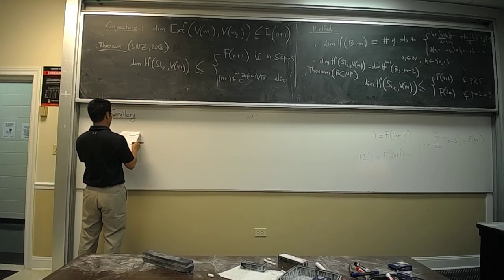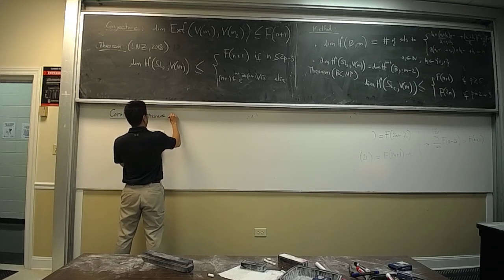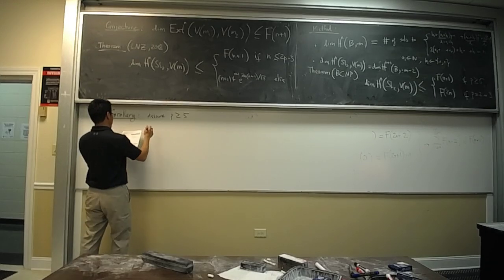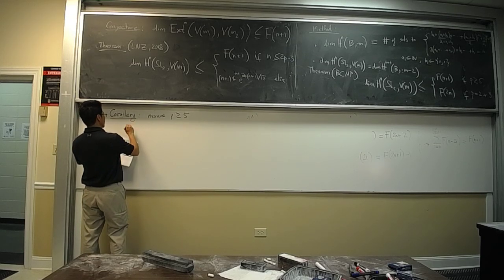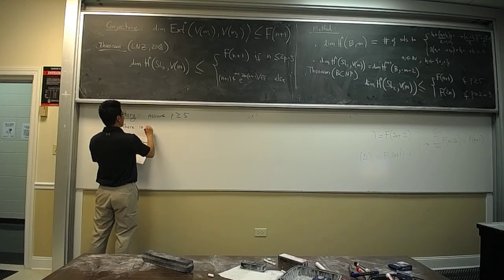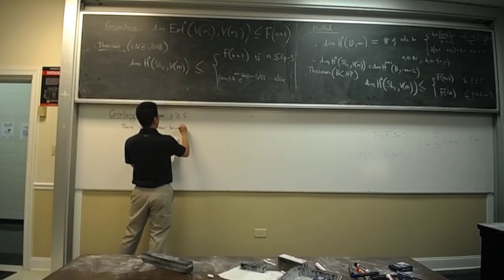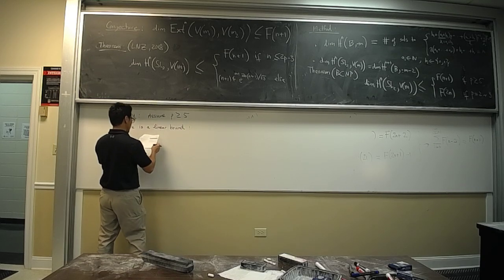Okay, so let's assume p greater than or equal to 5. Then we could obtain a linear bound. Okay, so there is a linear bound for the SL2 cohomology as follows.